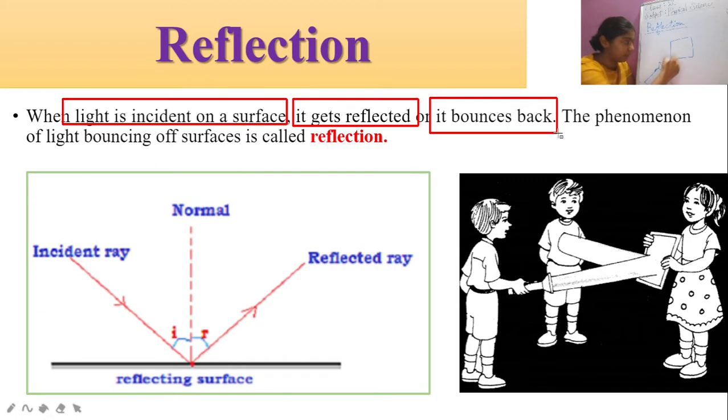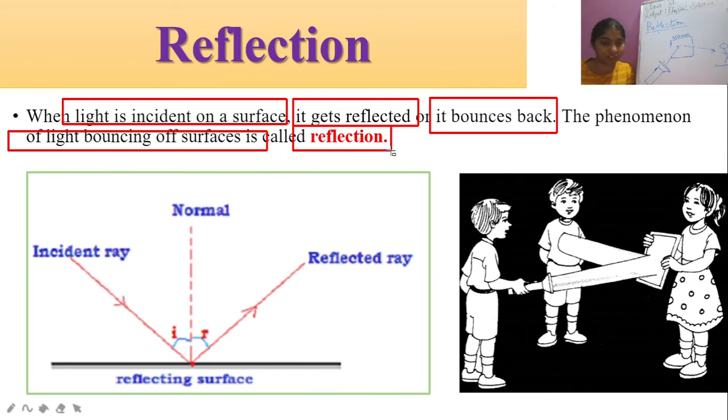And the light is coming straight to this place and gets reflected to the other point, right? So that way the light changes its direction as well as bouncing back and reflecting to the other part. So the light is incident on a surface, that is the mirror we have, right, and gets reflected or bounced back. So we can say this phenomenon of a bouncing back process is called reflection.